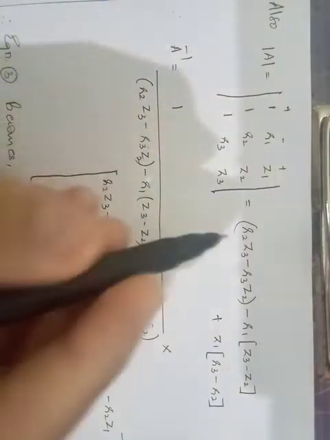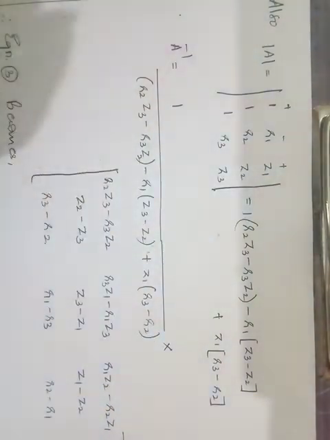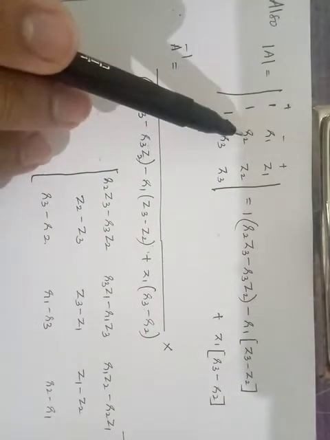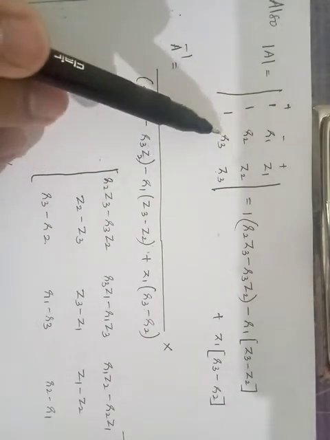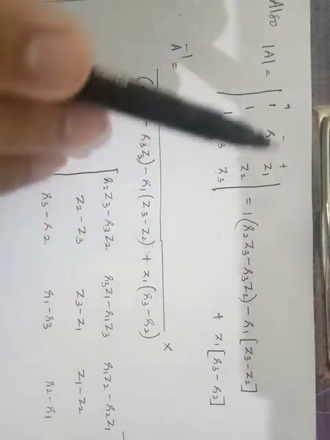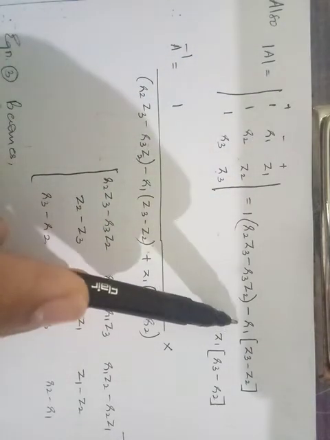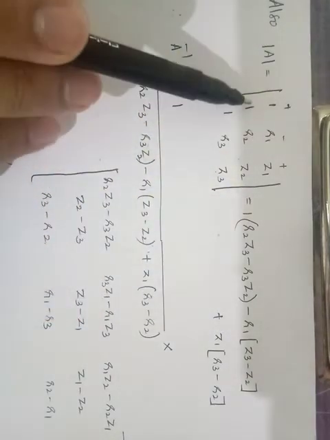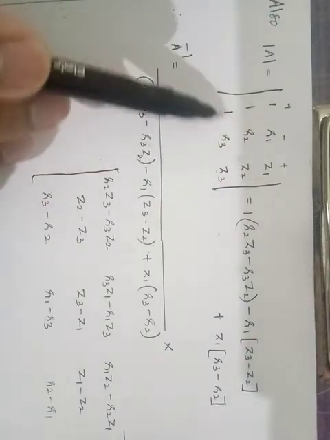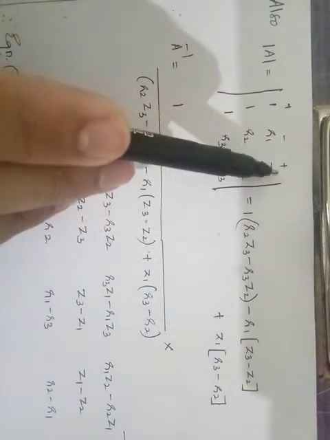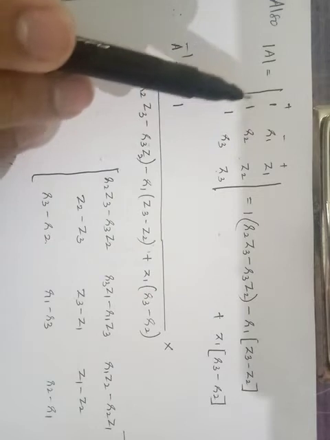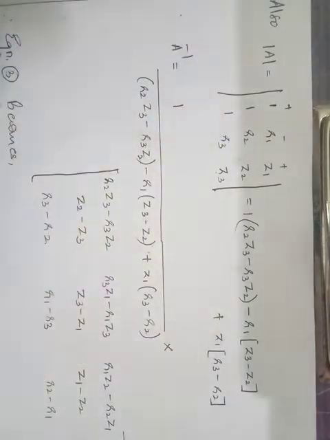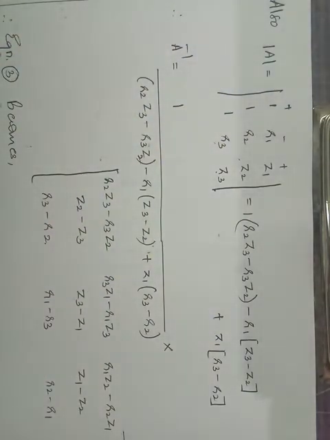So here there is 1, so R2 into Z3 minus R3 into Z2, minus R1, I have kept as it is, Z3 minus Z2, plus Z1 as it is, R3 minus R2. Right, so that is the determinant.